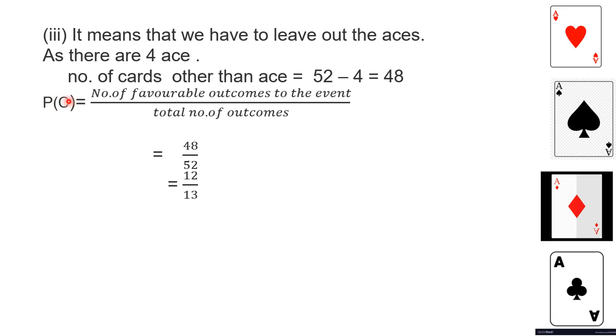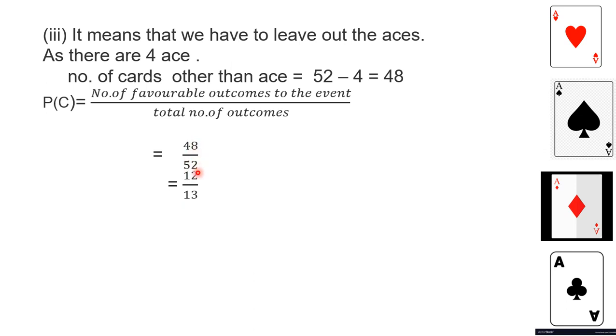As we wrote the previous two problems as events A and B, here we write this event as C. The probability of the event is 48 out of 52, as there are 48 cards which do not have any ace. So 48 upon 52 is the probability, and we can simplify this as both the numerator and denominator are divisible by 4.